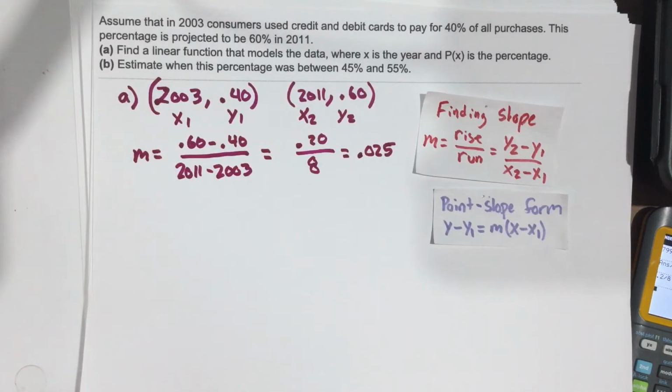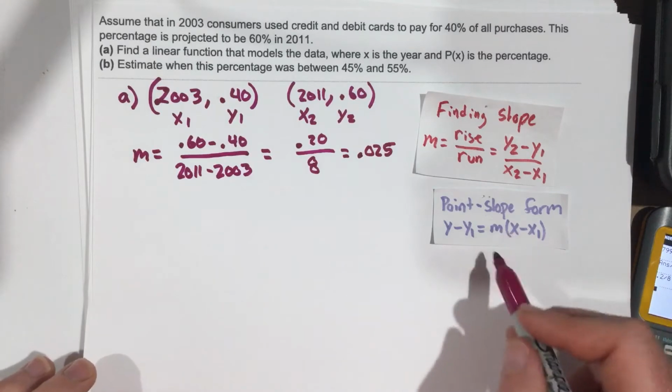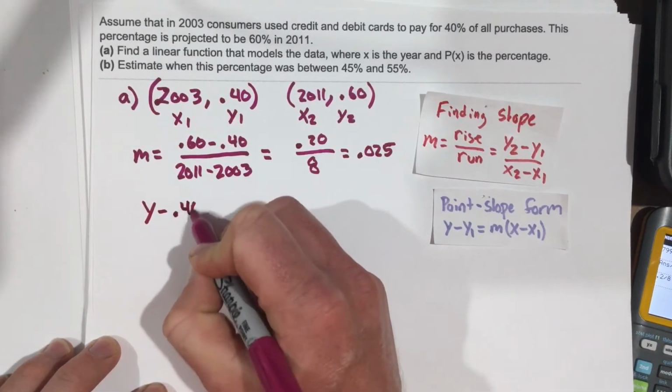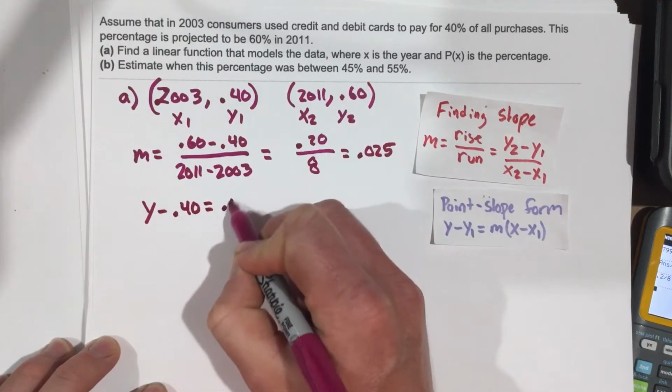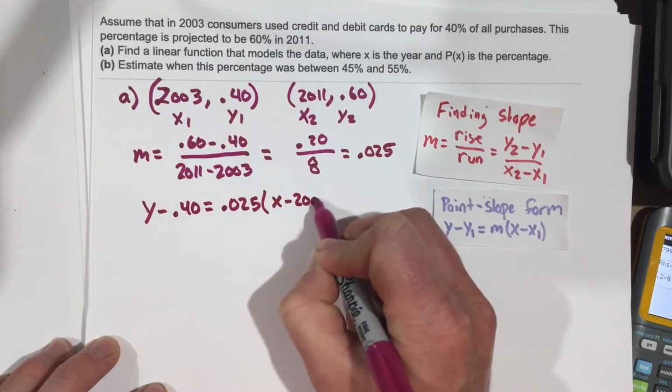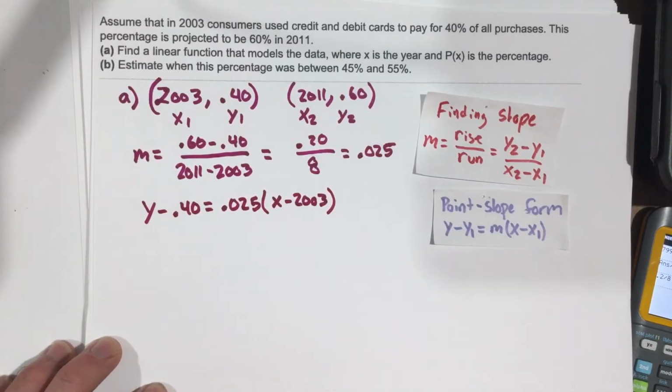All right. From there, we can write our function now. So we can use point slope form, y minus y1. We can say y minus 0.40 equals 0.025 times x minus 2003. If we want to put this in slope-intercept form, we can go ahead and distribute.